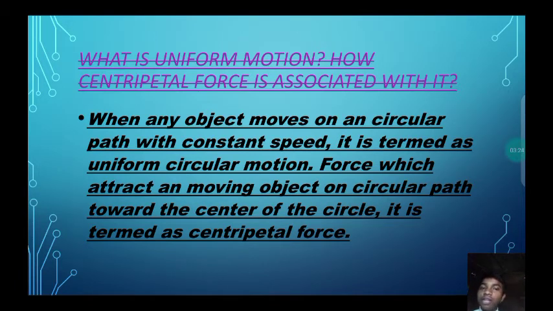In circular motion nothing changes, only the path on which the object moves changes, and that is circular. And the force which attracts an object to the center of the circular path is known as centripetal force.